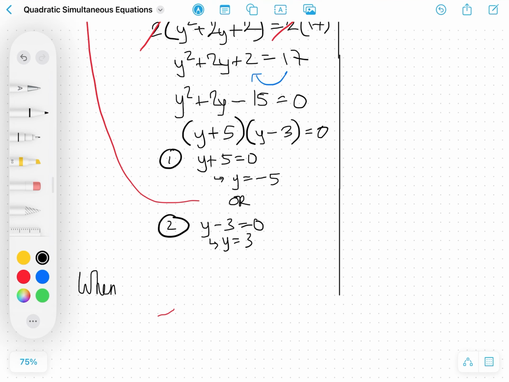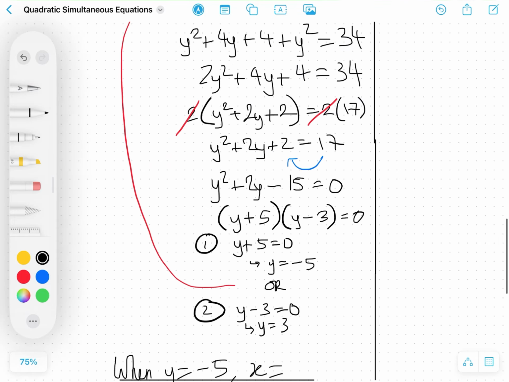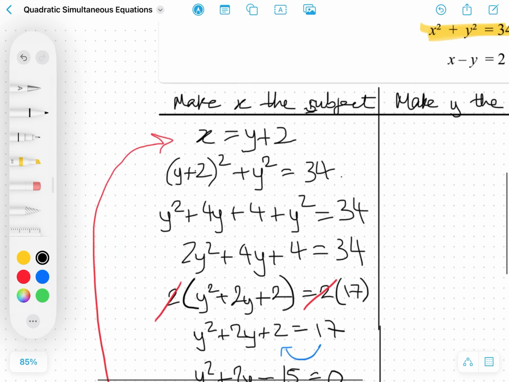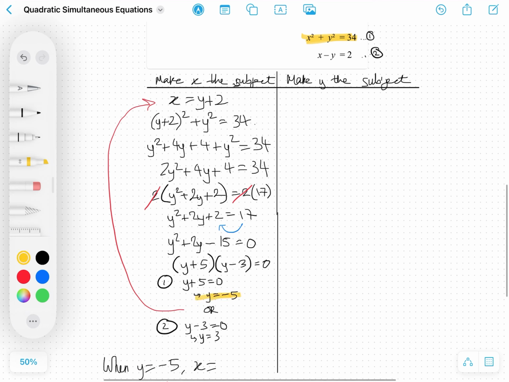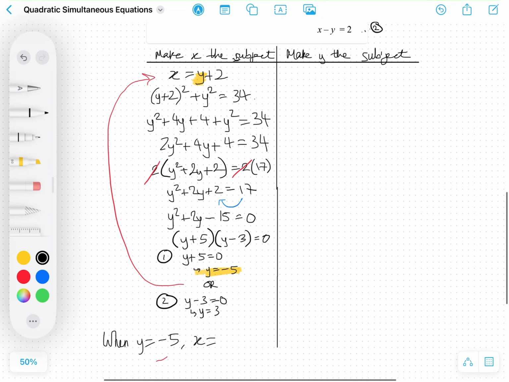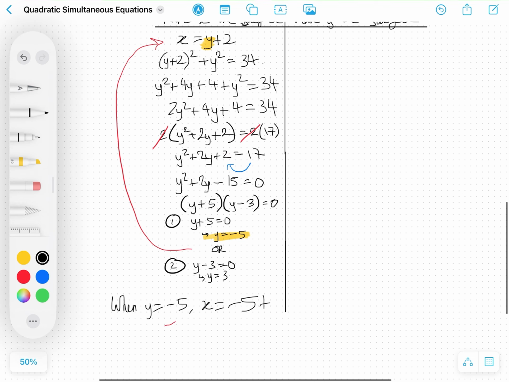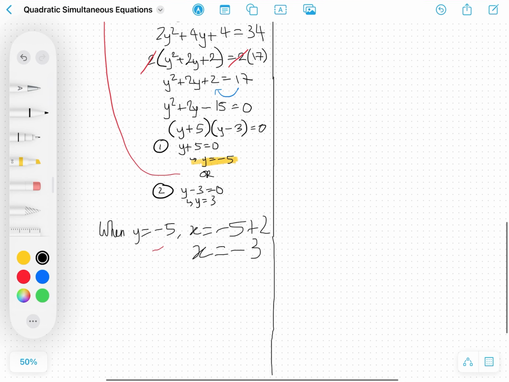When y is equal to negative 5, x equals, now substitute negative 5 into the equation, replacing y with negative 5. So x becomes negative 5 plus 2. So therefore x is equal to negative 3. That's our first solution.